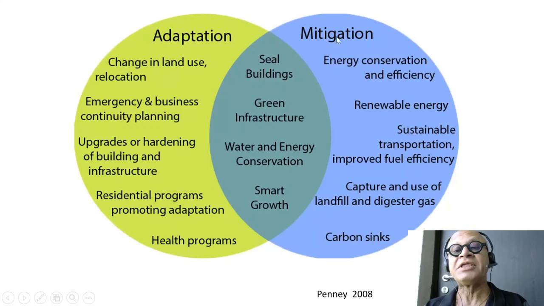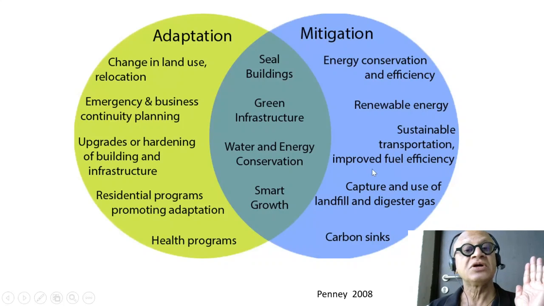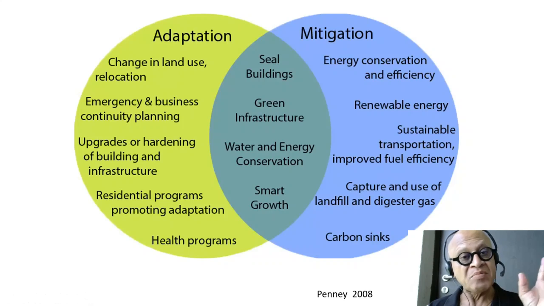Mitigation includes things like energy conservation and efficiency, so you reduce the emissions in the first place. Renewable energy, so reduce the carbon footprint, move slowly towards decarbonization. Sustainable transportation, improved fuel efficiency, again, reduce the number of cars, number of miles traveled, and more efficient transportation.